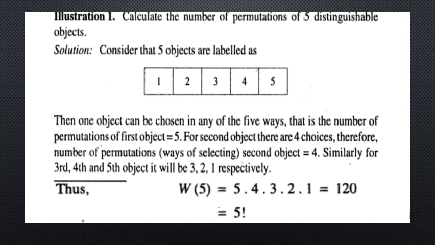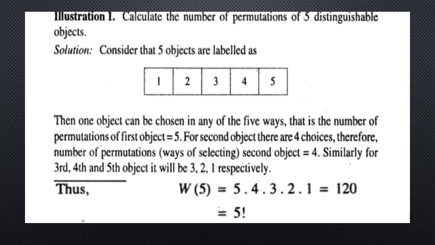For the second object there are 4 choices. Therefore, the number of ways of selecting the second object is equal to 4. Similarly, for the third, fourth and fifth objects it will be 3, 2, 1 respectively.